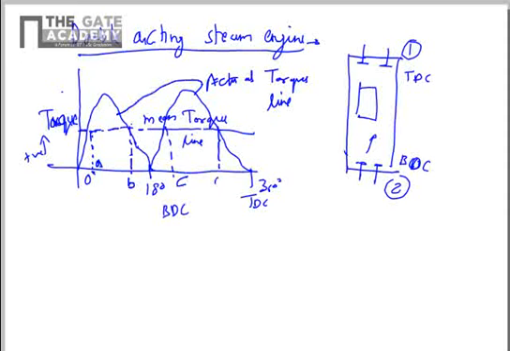Then let's say this point is C, this point is D, and then if you draw a parallel from the mean torque line, cutting where it meets the torque axis, let's say this point is E. This gives you the mean value of the torque.